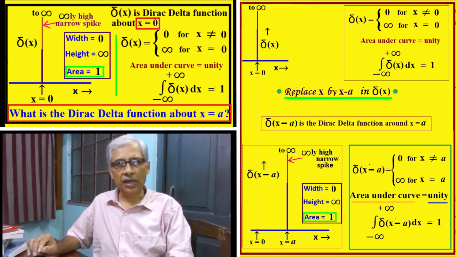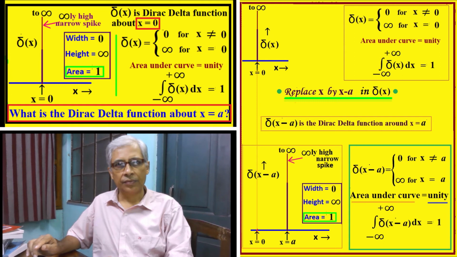Clearly, the Dirac delta function about x equal to a is just a translation of amount a from the x equal to 0 point along the positive x-axis. This mathematical representation of the Dirac delta of x minus a is mentioned in the box with a green outline, and it can be obtained from the mathematical representation of Dirac delta of x, simply replacing x by x minus a.